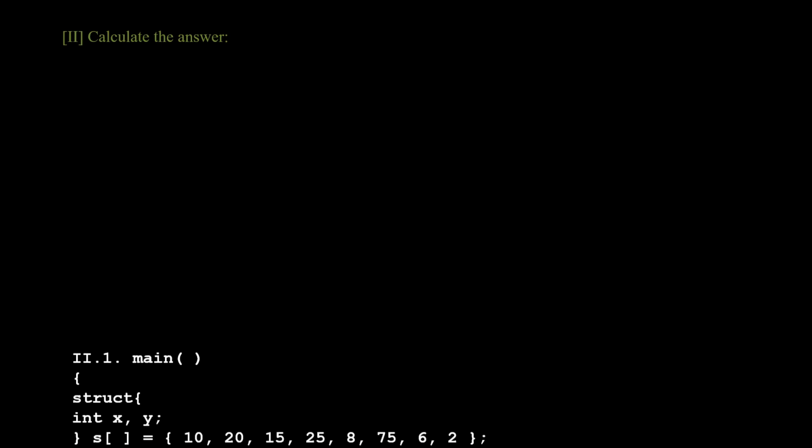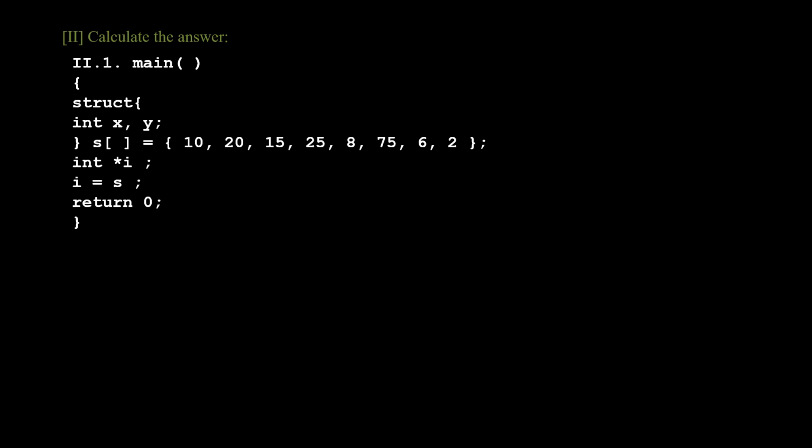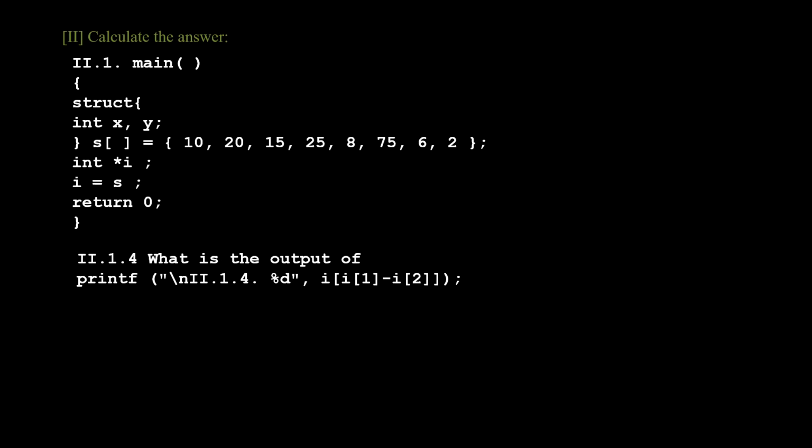See the next question. The program is the same for all the questions, and the question varies. So the fourth question is I[I[1] - I[2]]. Let me start the timer.